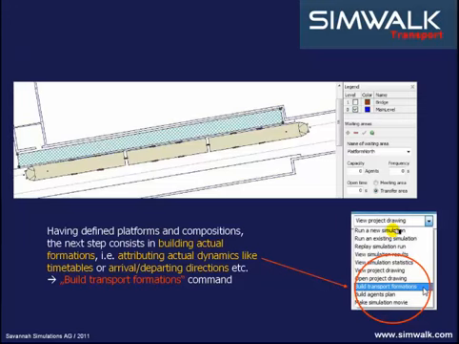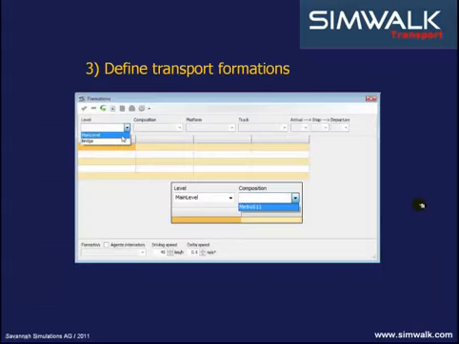To do this, you open the Build Transport Formation menu in the main drop-down menu. Here you see the so-called Formation Builder interface. In this Formation Builder you can specify different properties to your compositions that you have created.